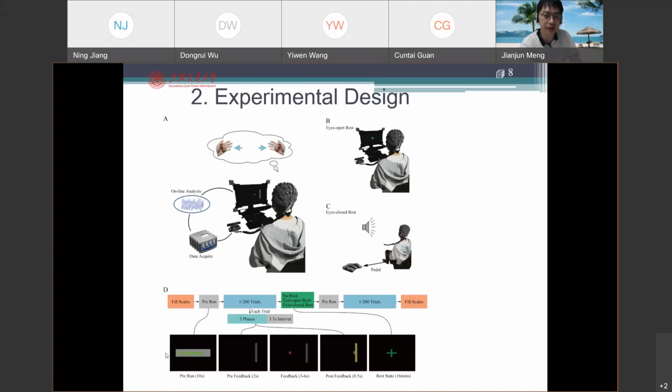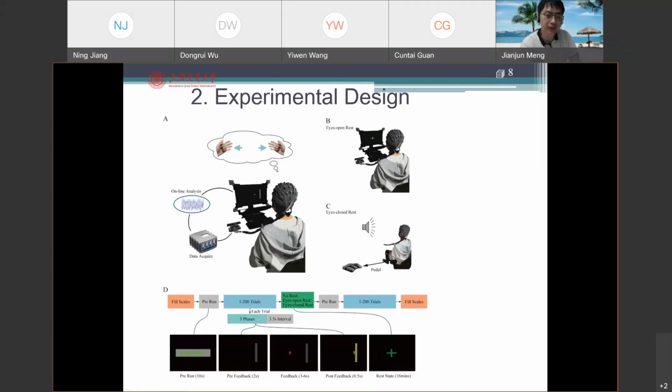Each subject was required to finish 4 sessions of the experiment, including 1 training session and 3 experimental sessions with various resting ways. In the training session, the subjects were instructed to become familiarized with the BCI environment and how to do the motor imagery-based BCI task.